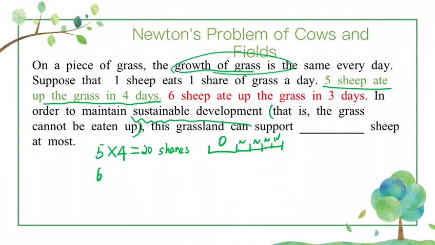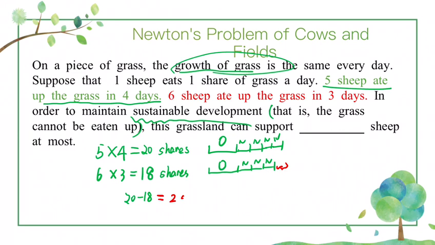And 6 sheep add up the grass in 3 days. So in total, they just add up 18 shears. Okay, and this 18 shears include original grass, the same original grass, and 3 days new grass. Okay, and the difference. The difference actually is here. Let me use the red pen here.